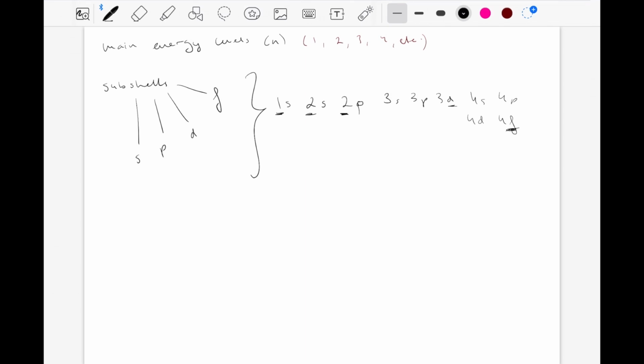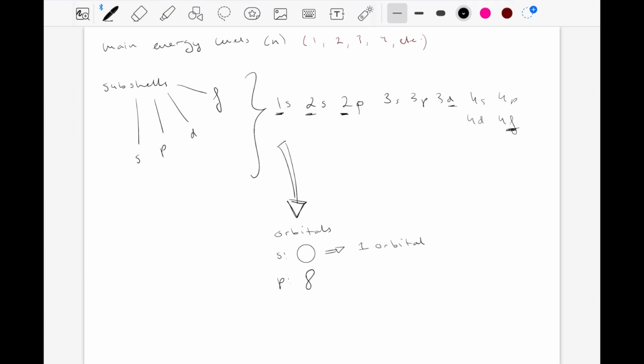Now, to make matters a bit more detailed, each subshell has different orbitals. The S subshell has only one orbital, it's a sphere, and there's only one possibility. The P subshell, on the other hand, has 3 orbitals.